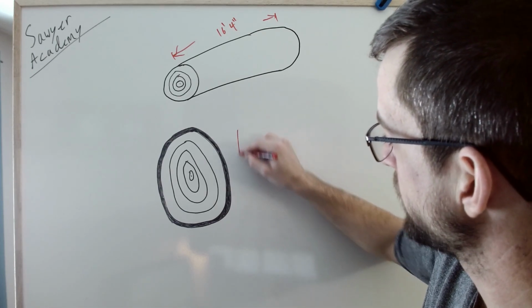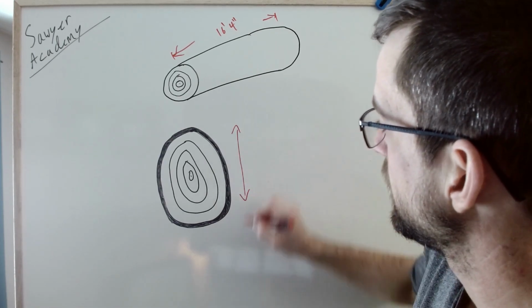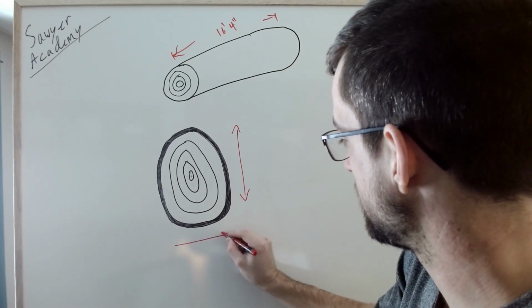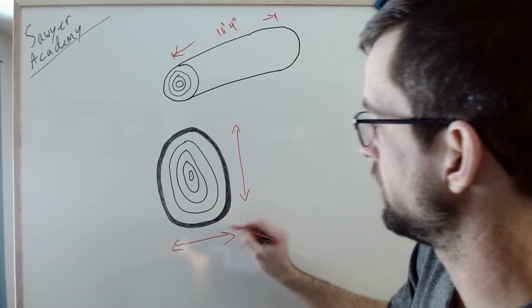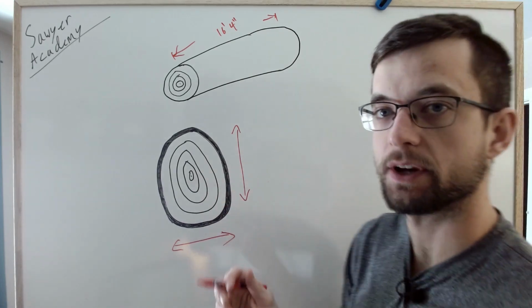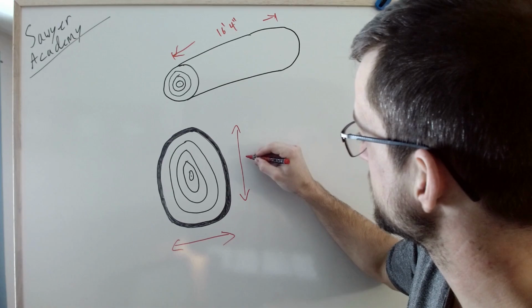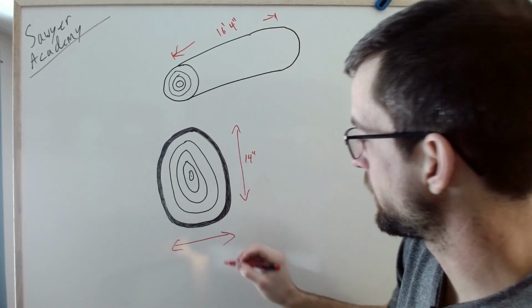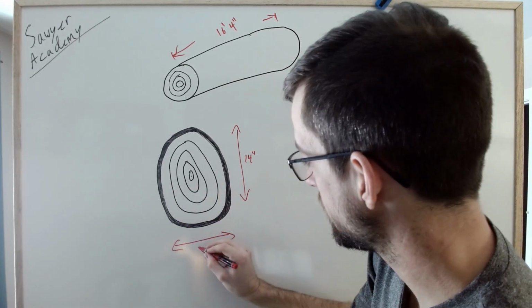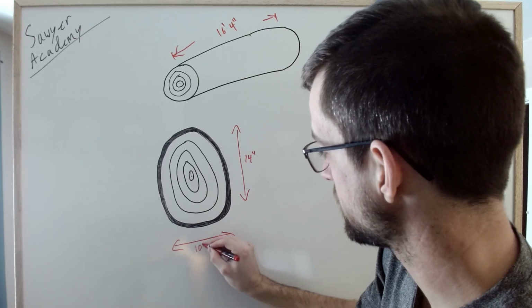So we're going to take a measurement in this axis and then another one perpendicular to that across the short side of the log. So we're going to take a long side measurement and a short side measurement that are perpendicular to each other. In this case, this is going to be 14 inches inside the bark, and this way across the log is going to be 10 inches across.